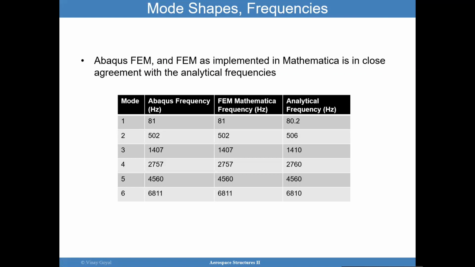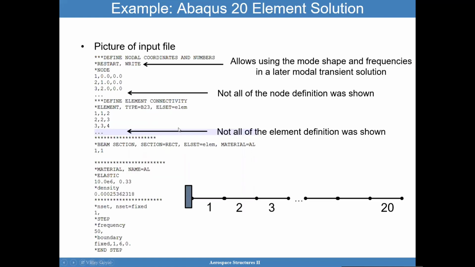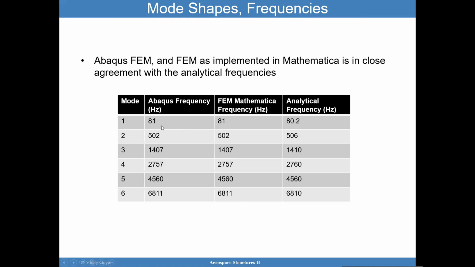So Abaqus, finite elements, and by the way, what I showed you here was not Abaqus. This was the analytical solution. This is Mathematica using our own code, 20 element and 1 element, and what I'm adding now is the Abaqus solution. The Abaqus solution is basically exactly the same as our own solution.